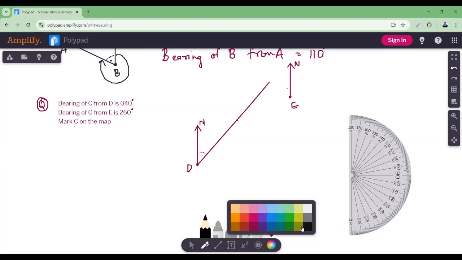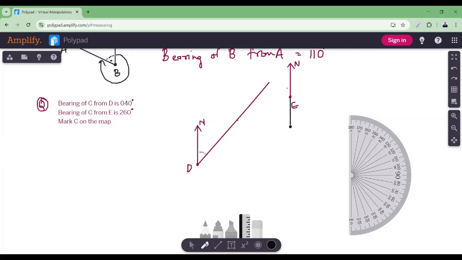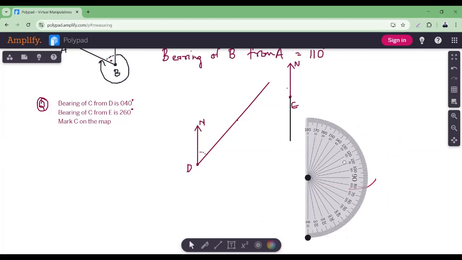We'll take a different color and draw the vertical line. This is going to be 180 degrees. Right? And now 180 plus 80 is going to give me 260. So I'm going to use the protractor now.